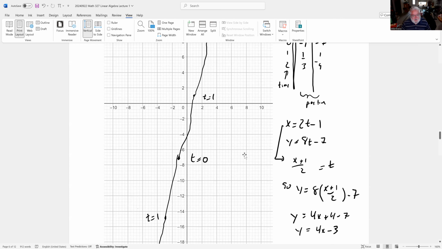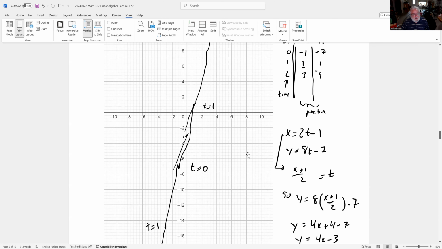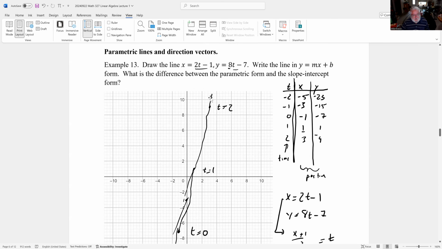So y equals 4x minus 3. Our slope here is 4. Y-intercept is minus 3. I didn't do a good job of drawing it because we want to actually go through that point, but that's actually in there. So that's y equals 4x minus 3. And that gives you the equation of this line without the t in it.